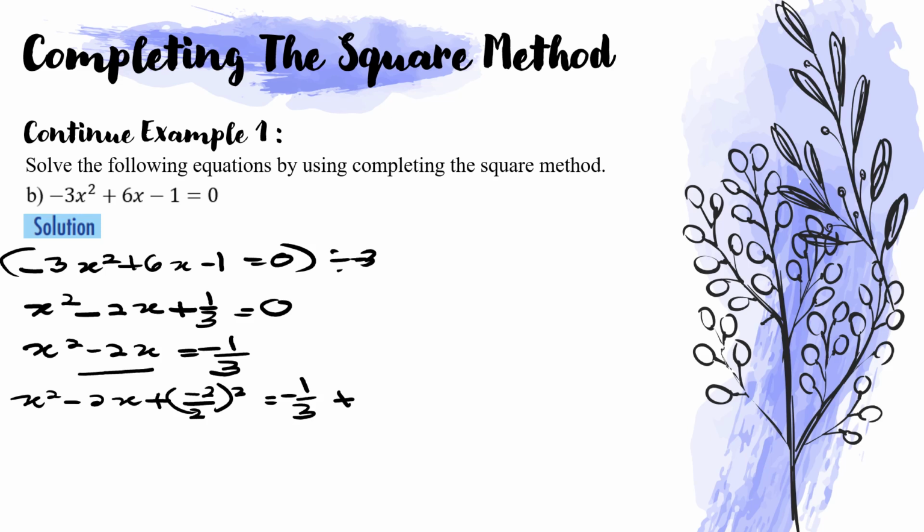You also add negative 2 over 2, to the power of 2. So it becomes x squared minus 2x, minus 1 square, is equal to negative 1 over 3, and then plus negative 1 square. I write it in bracket, plus negative 1.